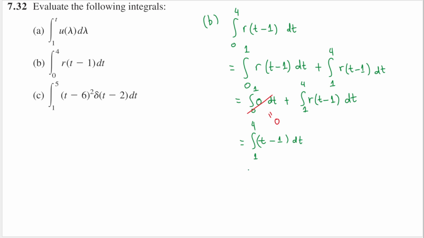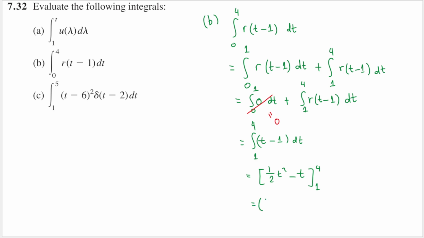Now let's integrate this. We can just use the power rule. So we will have 1/2 t squared minus t, with the integration bounds from 1 until 4. I don't know the English word for it. Let's plug in 4 first.